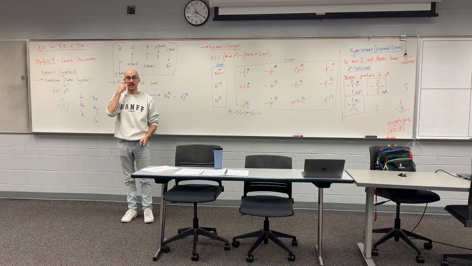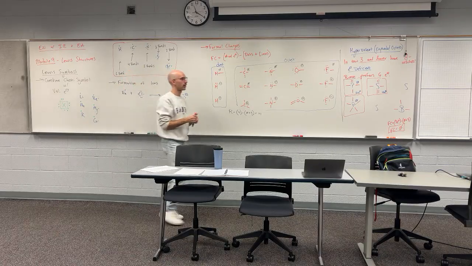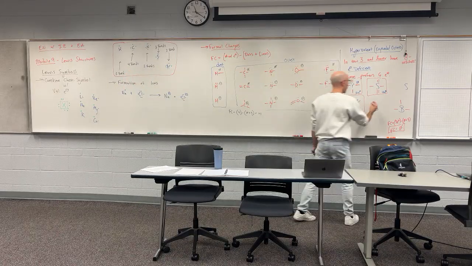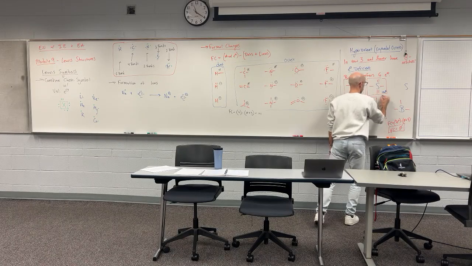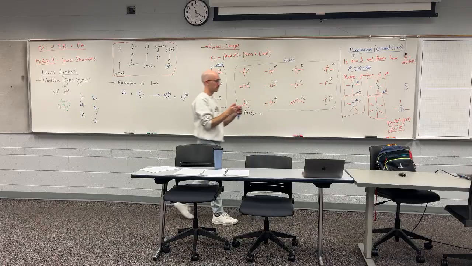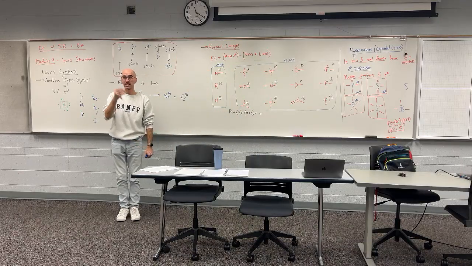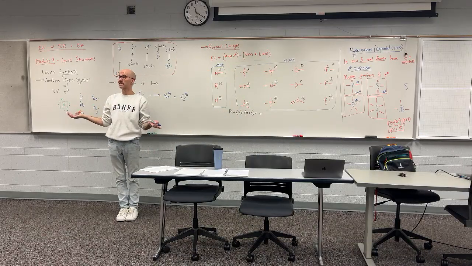Here are the other ways that sulfur can make this work. Sulfur can do 6 single bonds. It's in group 6. It can make 6 bonds. That's still 12 electrons around it.